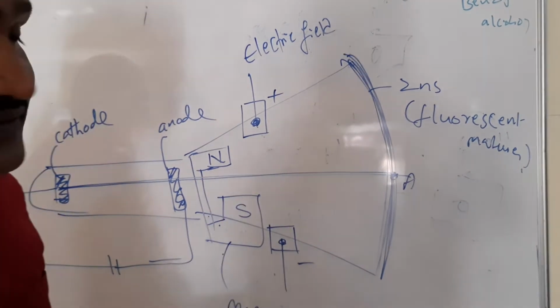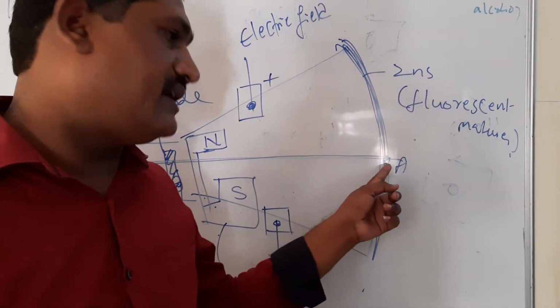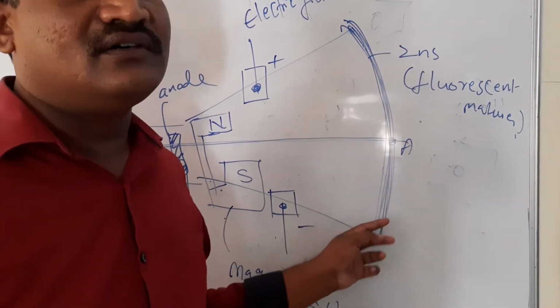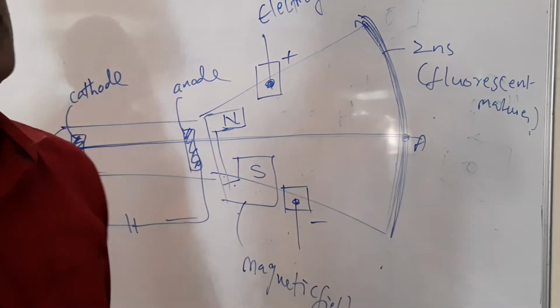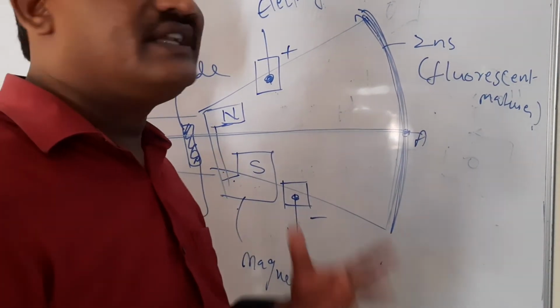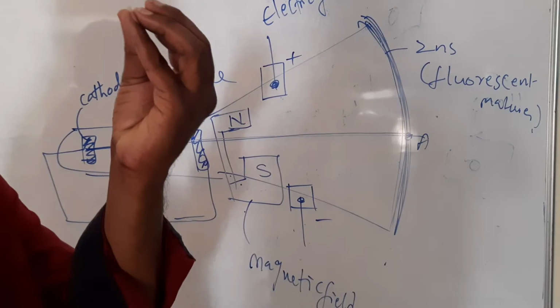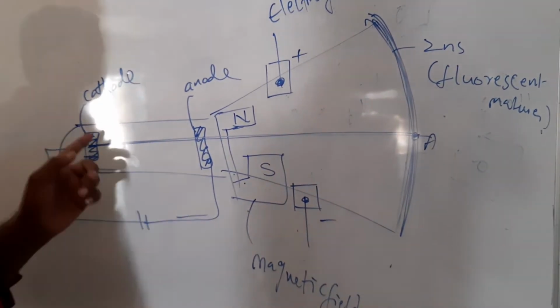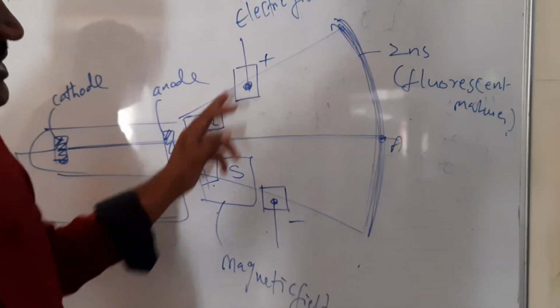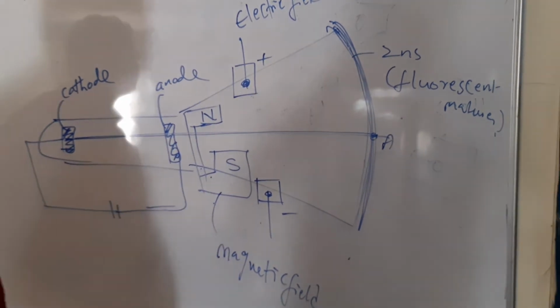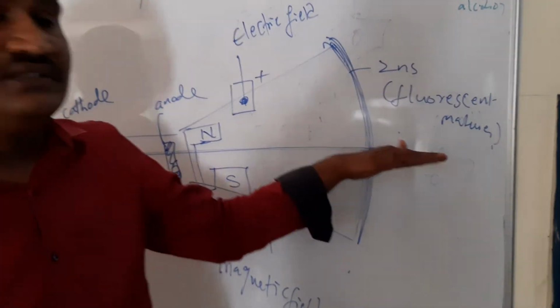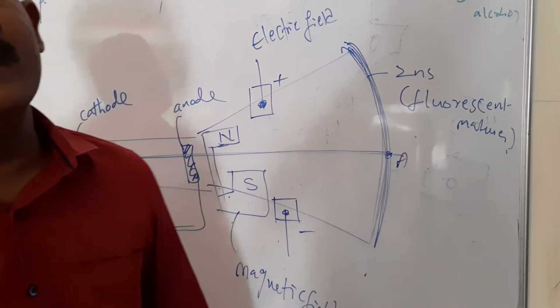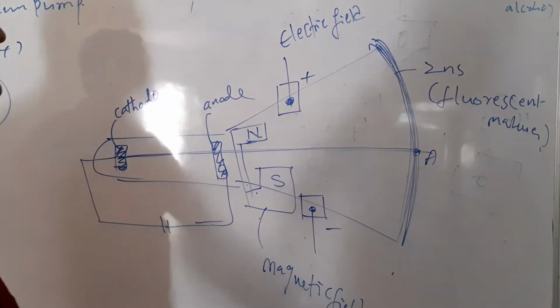When an invisible particle collides with this screen, it glows up. So in the absence of electric and magnetic fields, they touch at point A without any deflection.